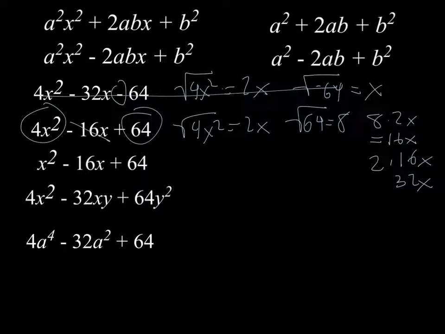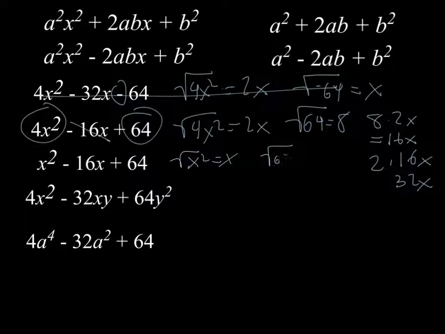The next one here. If we look at this one right here, we have the 64, which is a perfect square. x squared is a perfect square. So the square root of x squared is x.